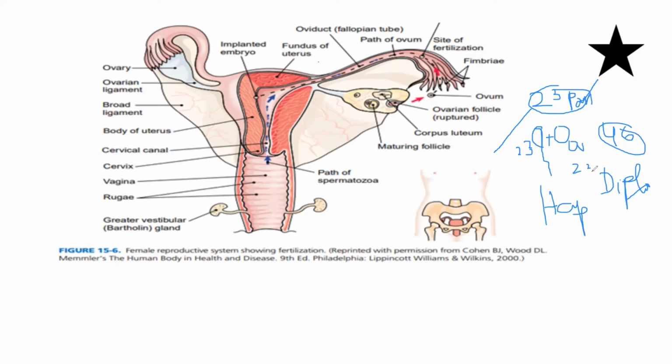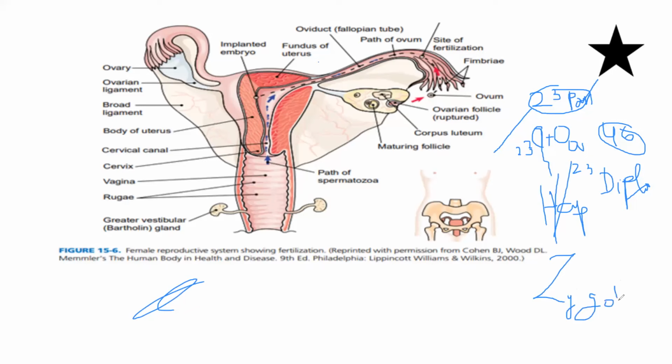So when these two cells meet together, we have formation of a new cell. These two haploid cells make what we call a zygote, Z-Y-G-O-T-E.